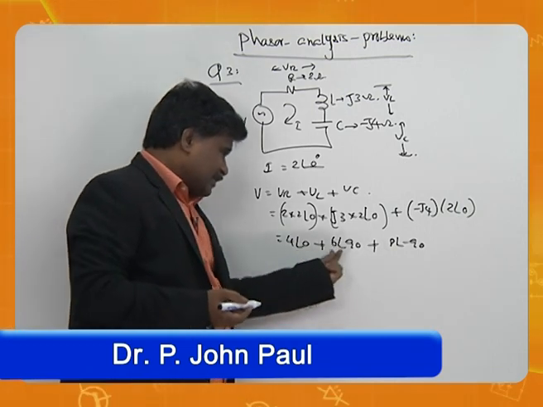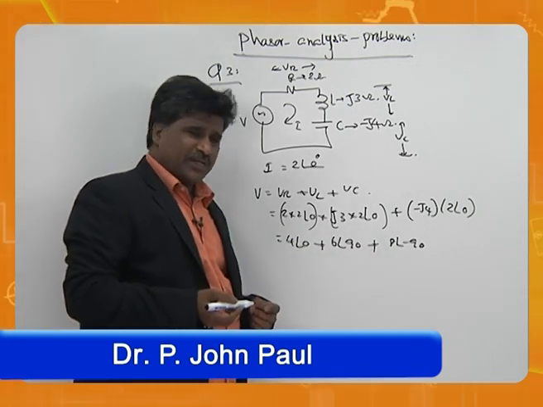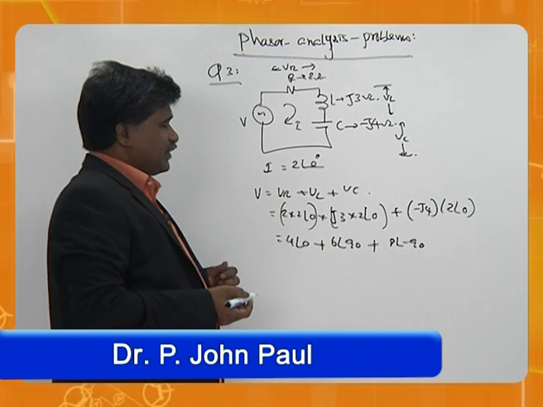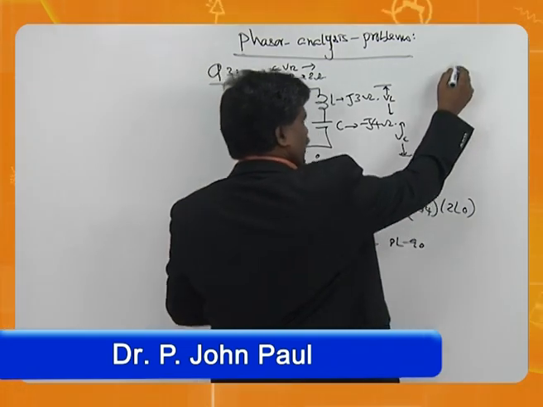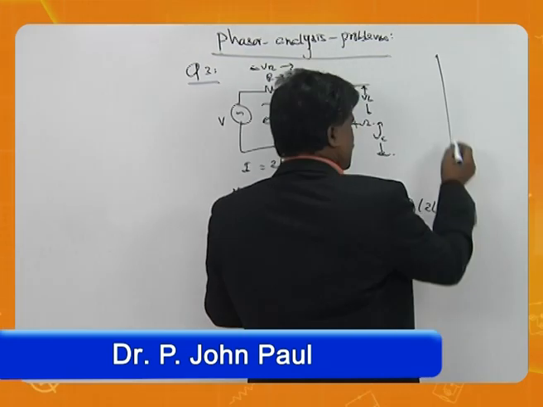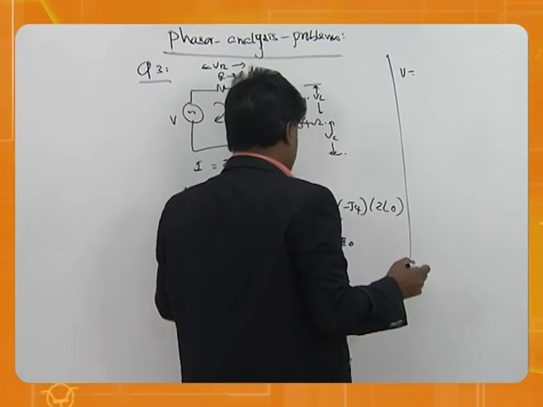But when you are adding these values, you cannot add them if they are in polar form. So what to do? You have to go for rectangular form.